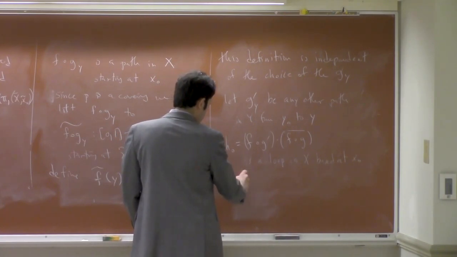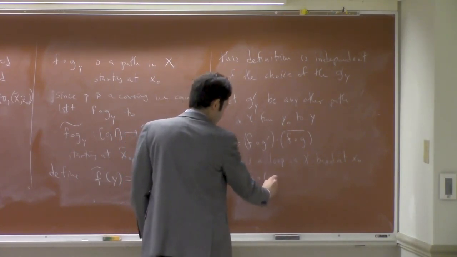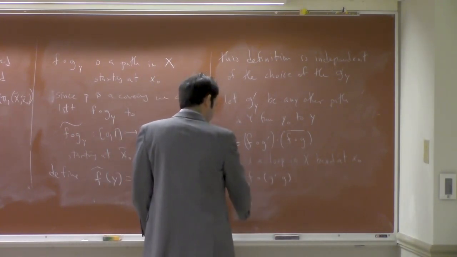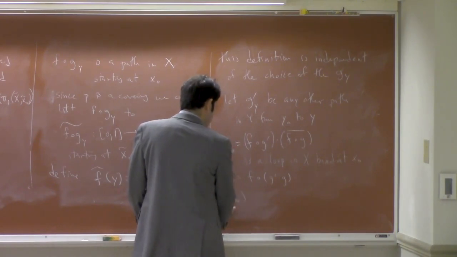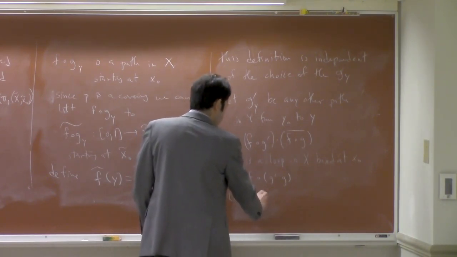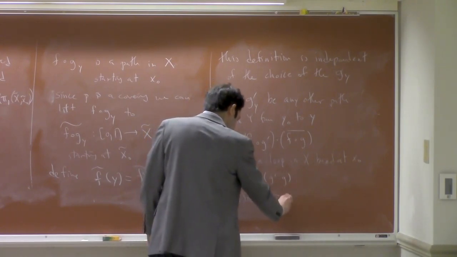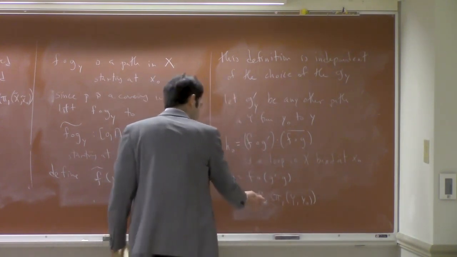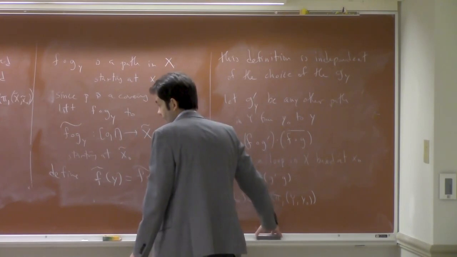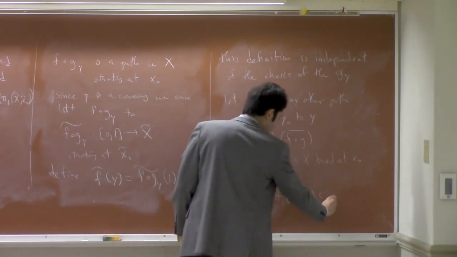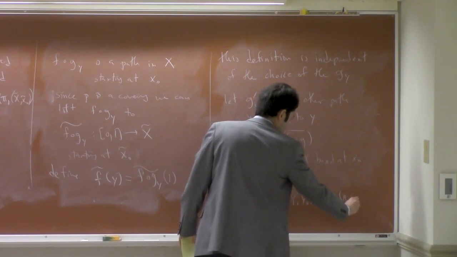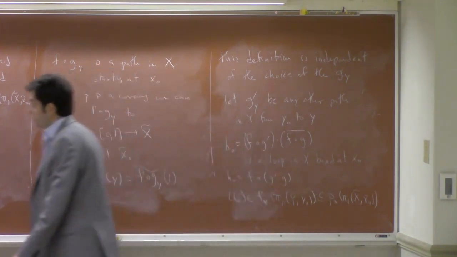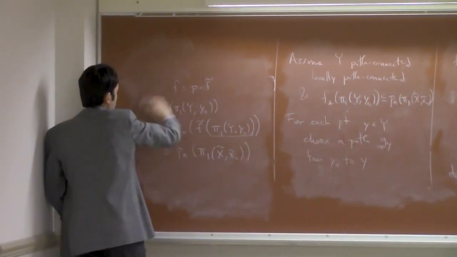But of course, H naught is equal to f composed with g prime dot g. So the homotopy class of H naught is inside the image of pi 1 of y along f star, and that sits inside the image of the fundamental group of x tilde along p star.